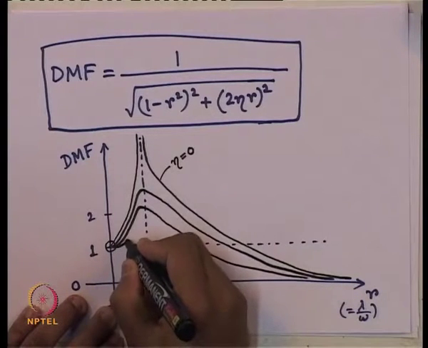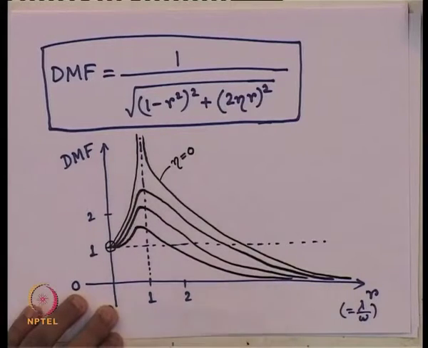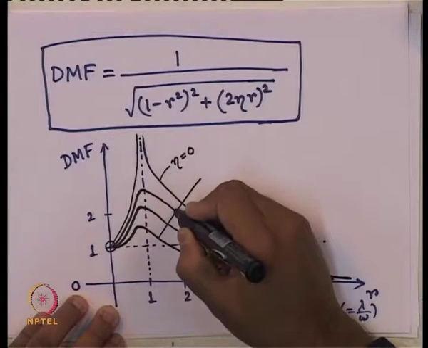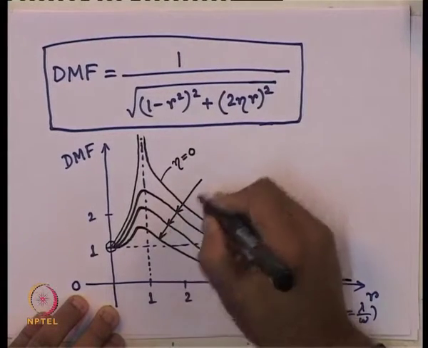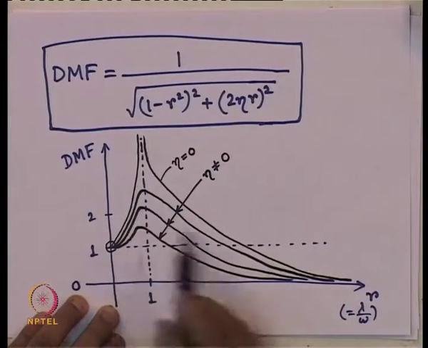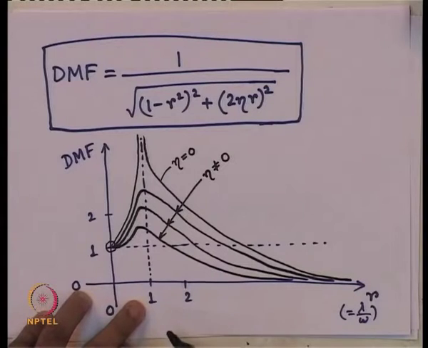Then let me draw another graph with this. So, these are for different values of eta. So, eta non-zero. These are the graphs for eta non-zero, because here we will get some finite value.